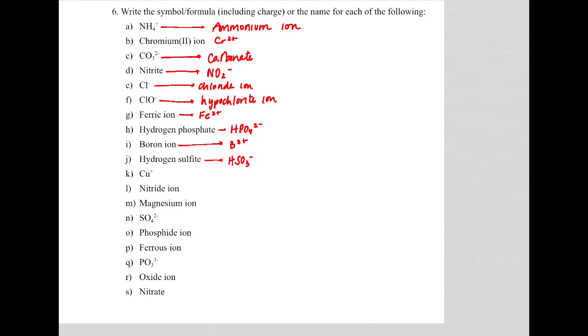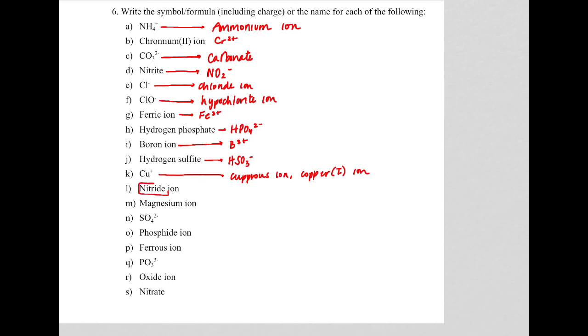It forms a Cu+ and Cu2+. So you could either name this the cuprous ion, or you could name it the copper 1 ion. Nitride. See, this is where it can get confusing.